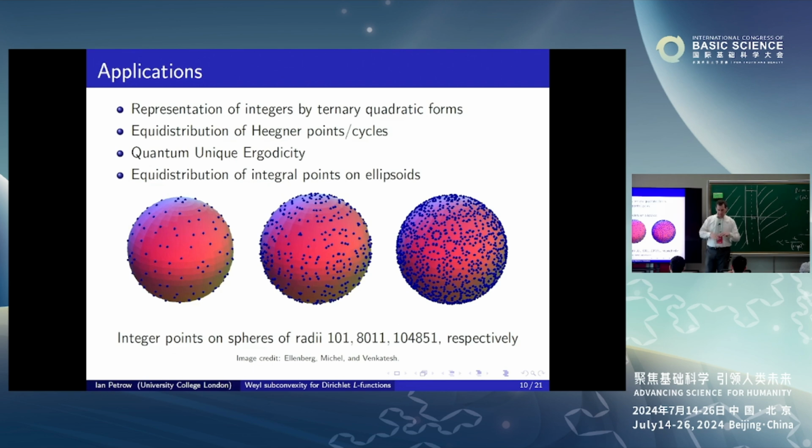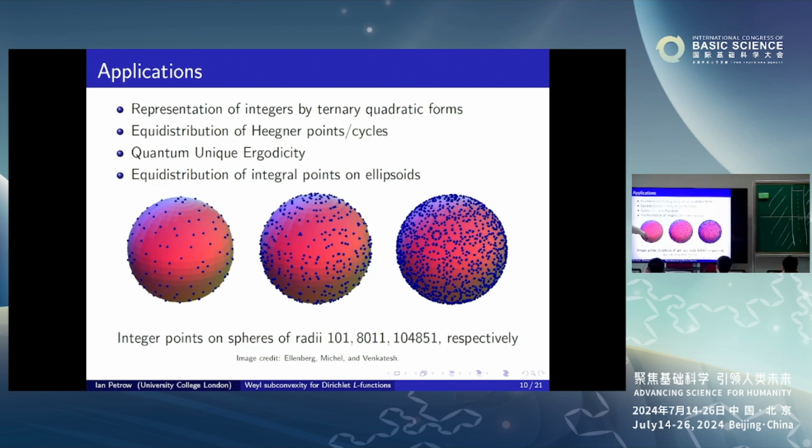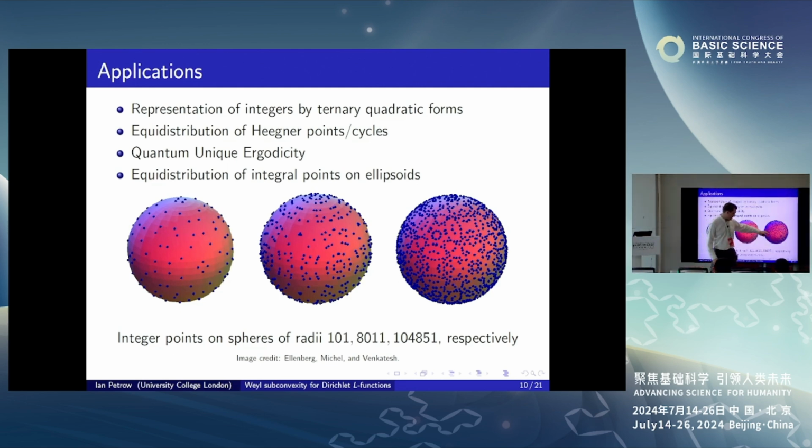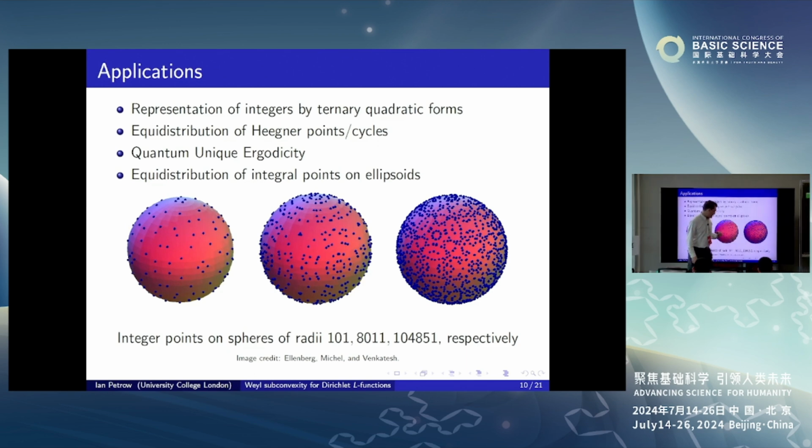Usually the convexity bound is useless in proving some equidistribution statement, but as soon as you have a small power saving off the convexity bound, you can prove equidistribution. A famous example due to Duke is the equidistribution of integral points on ellipsoids. These are spheres of prime radii, 101, 8011, and 104,851.